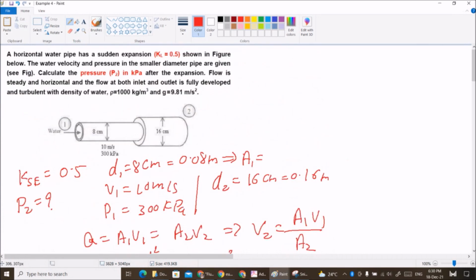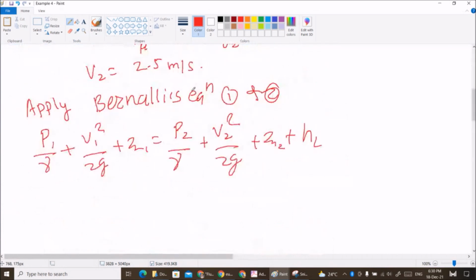So there are no other losses, there is only one head loss at sudden enlargement, which is given, where HL is equal to K_SE into V square by 2G. So this is sudden enlargement, so we need to take V1 square.